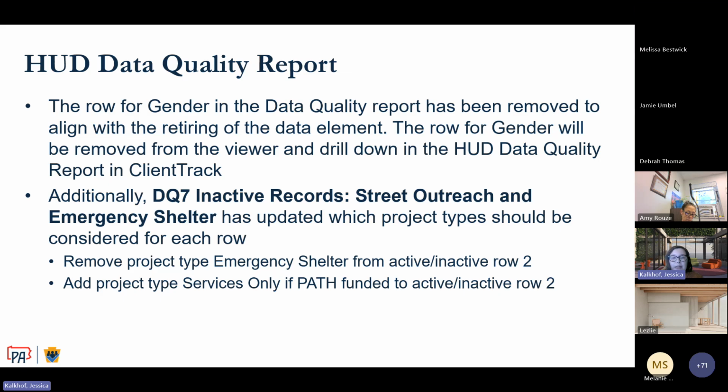And additionally, data quality 7 question, inactive records, street outreach, and emergency shelter has updated which project type should be considered for each row. So they removed project type emergency shelter from active and active row 2, and they added project type services only if it's PATH funded to active and active row 2.